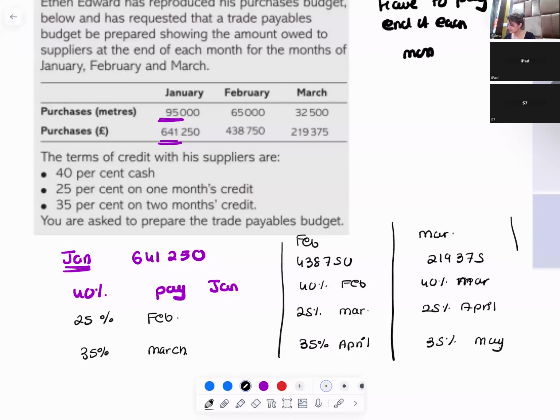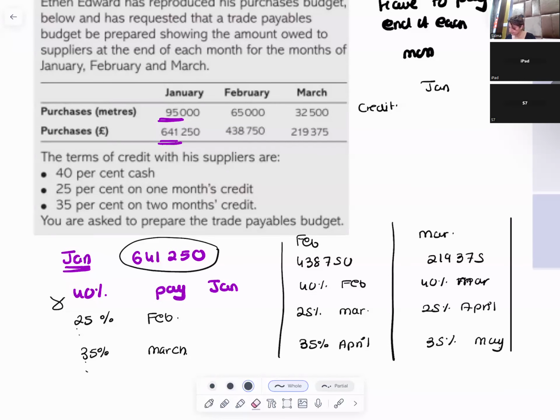Now, in the month of January, whatever I am purchasing, I will not pay the 40% on credit. So my credit purchases would be the remaining 60%. 641,250 into 60% is 384,750.